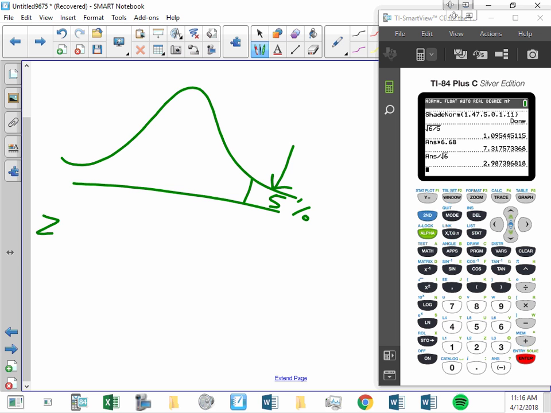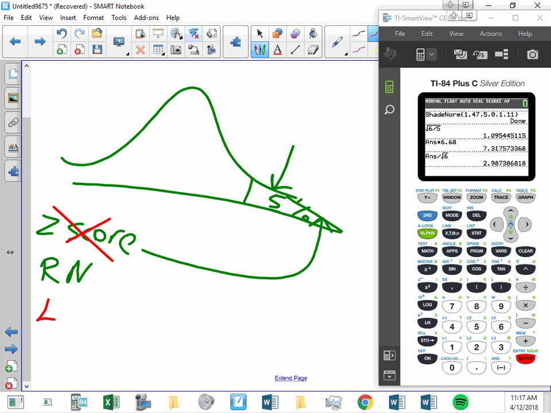So we did a z-score, and the z-score put us way over here. And so we said, reject the null, right? But we only had like 6 draws or something like that. So we threw out the z-score and we created a t-score, and the t-score actually landed us right here, in which case we accept the null.